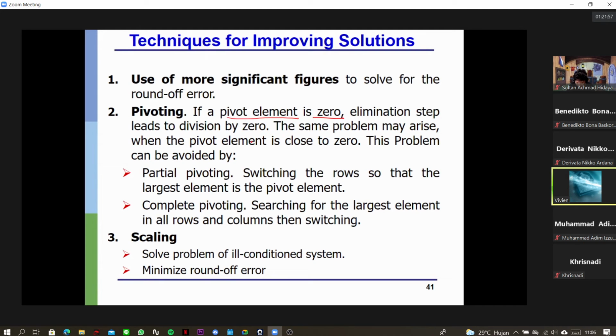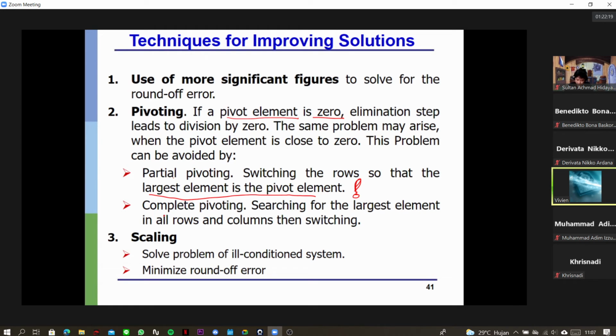How can we avoid this? We can do partial pivoting. It means that we switch the rows so that the largest element is the pivot element. This is the best practice, so please try to choose the largest element as the pivot element.